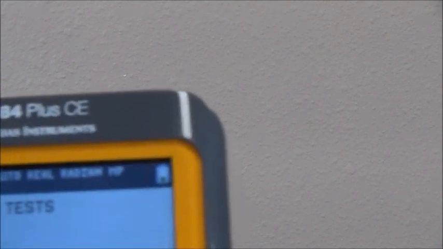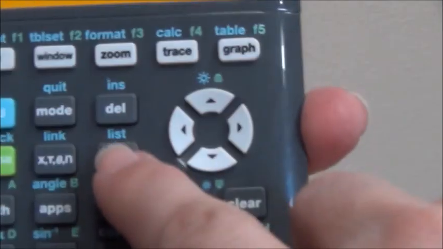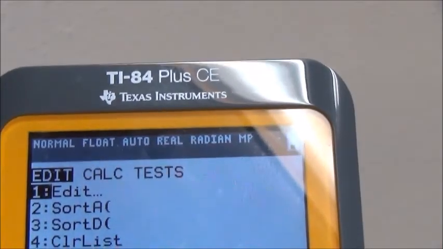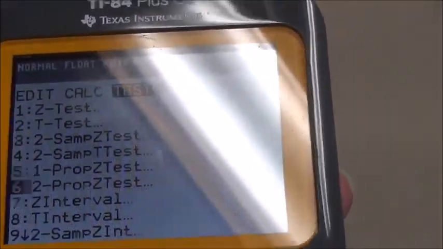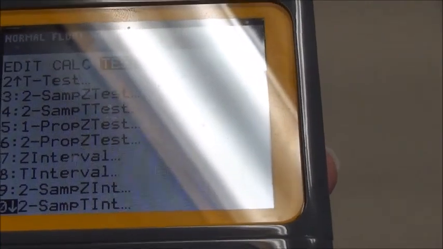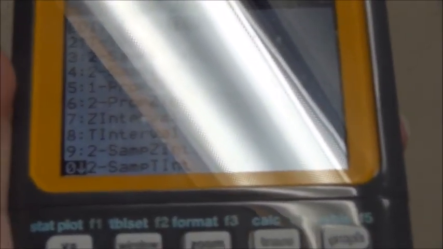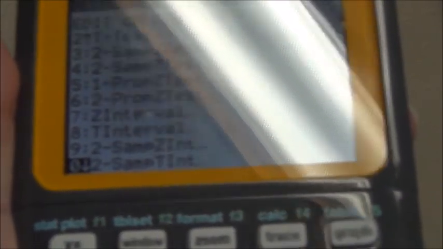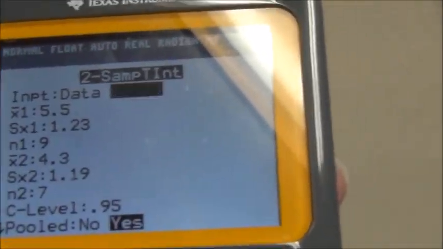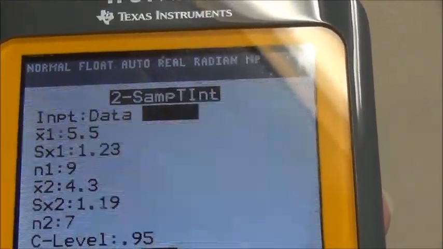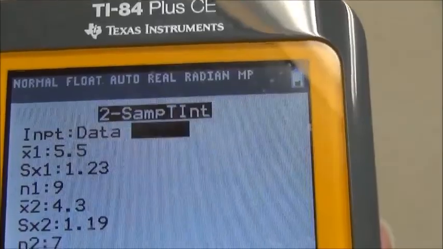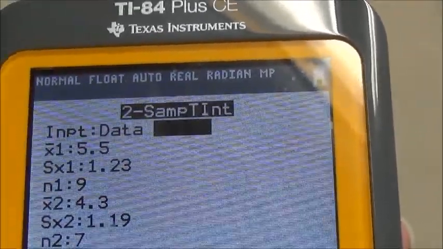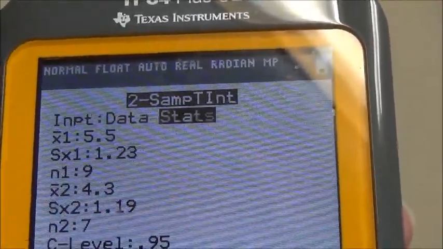Again, in order to do that, you are going to press the stat button. Once you hit your stat button, you're going to cursor over to the word tests, and you are doing the t-test, so you can either cursor down to 0 or just press the 0. And if you cursor down to 0, you have to enter and do your 2 sample interval test. Make sure stats is highlighted. Go ahead and enter your stats and see what you come up with for your confidence interval.